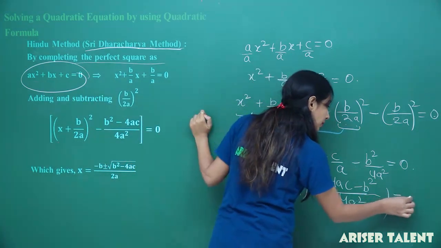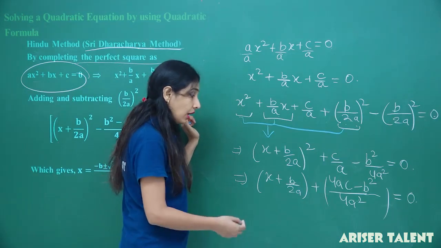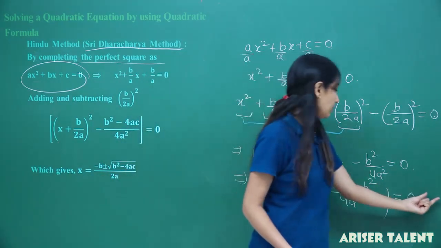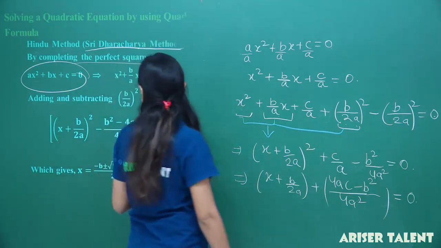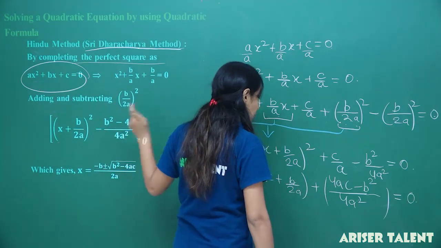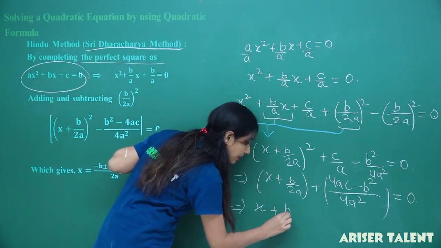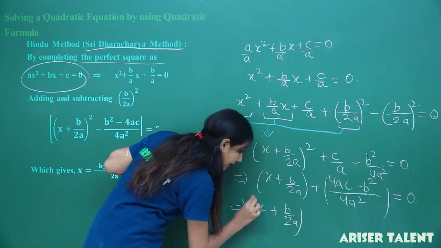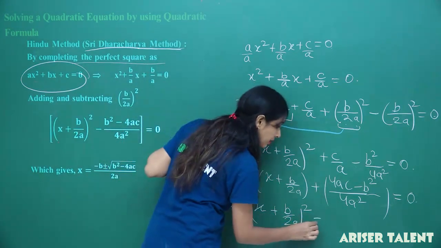That will become 0. Now, I have to take this term here. So what will I do? I will take minus common. So what will it become? It will become x plus b by 2a whole square equals to, or I can just transform it.